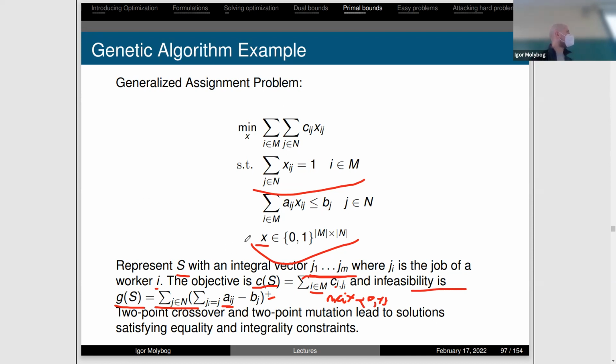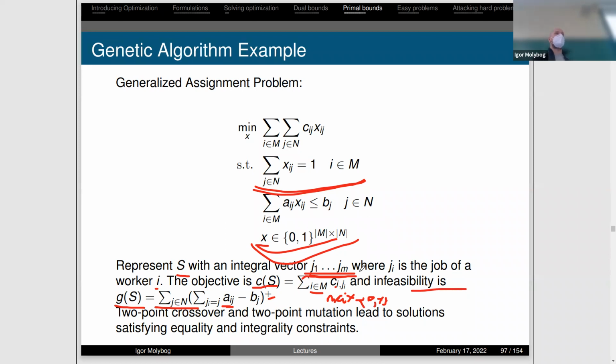So we don't really need to encode these inequality constraints anymore, just because of our clever choice of the strings with which we represent our members.